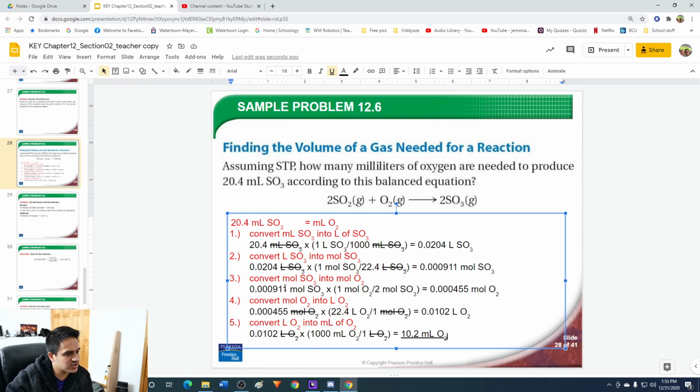But use this little step-by-step guide here to help you. If you need to go back into chapter 10 to look at the conversion factors, do so. Chapter 10.2, at the end of it has the mole roadmap. If you go into the teacher slides for 10.2, you'll find the mole roadmap, which has all the little steps and conversion factors and stuff.